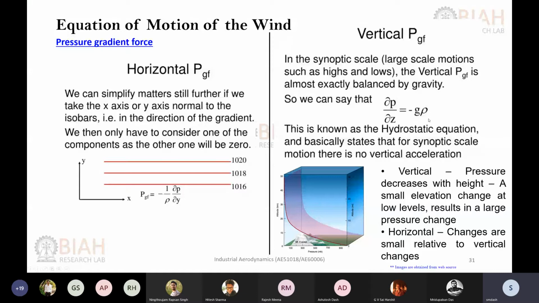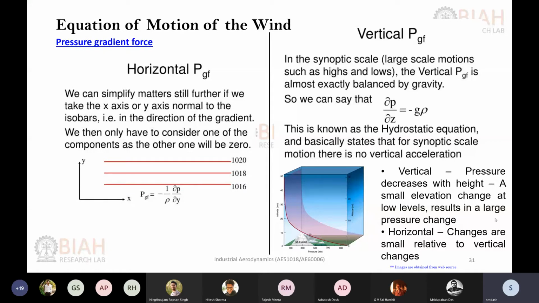There won't be any acceleration term involved. So del p by del z can simply be considered as the hydrostatic equation. If I integrate, p will be equal to rho g h. That just depends on the height of the particular location where we're considering the air molecule from sea level, which gives you the pressure at that location.